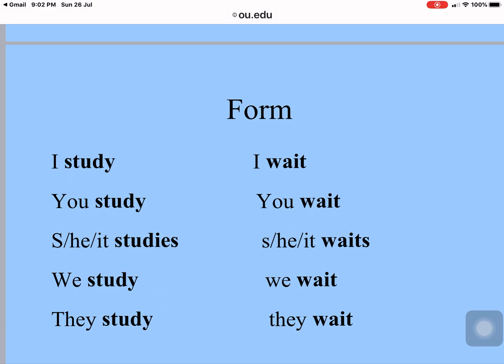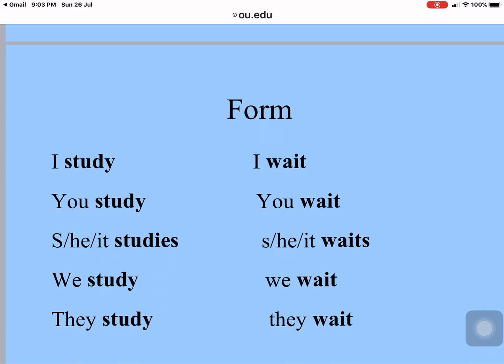She, he, it studies. She studies till 11 p.m. Why? Because she is a singular subject. That's why we have added es.